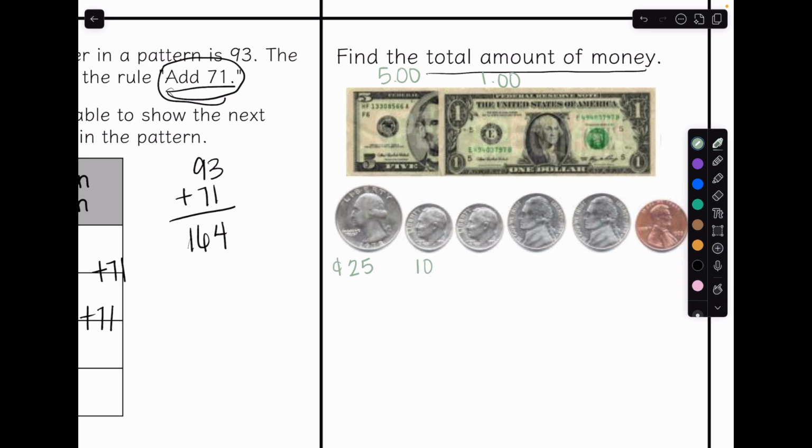Dime is worth 10 cents, and you have 2 of those. Your nickels is worth 5 cents, and you have 2 of those. And your penny is worth 1 cent. So you're going to add up. And I would first add up all of my change. After I add up all my change, then I can add it to my dollars.